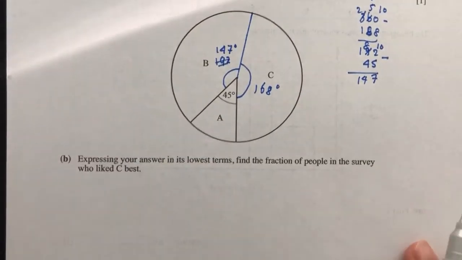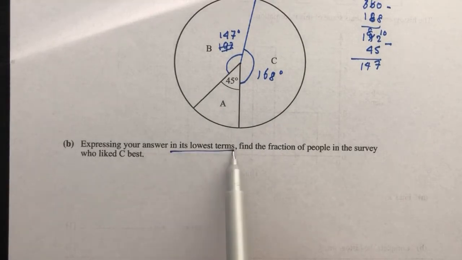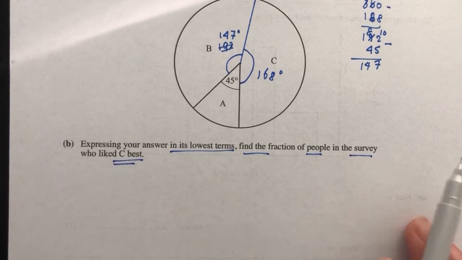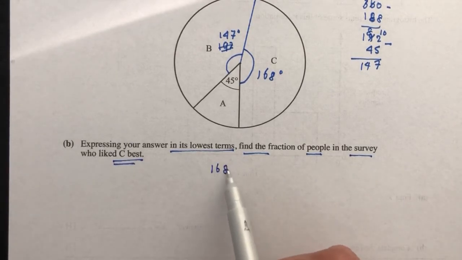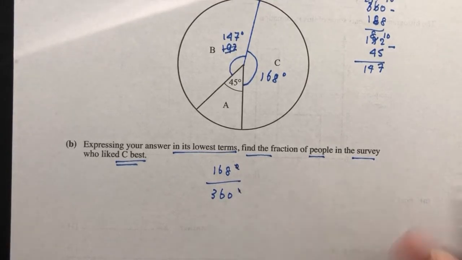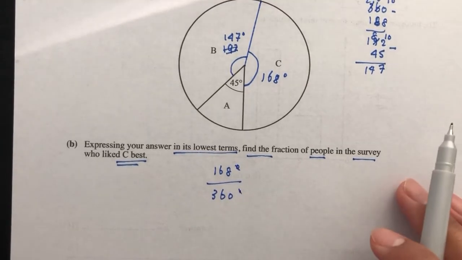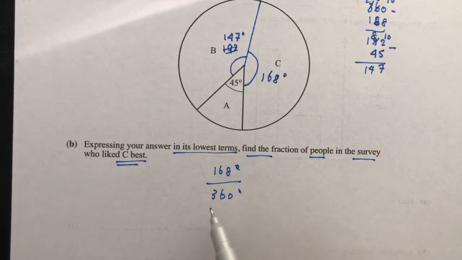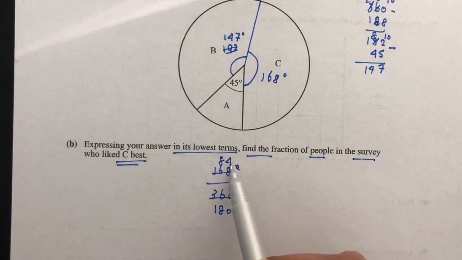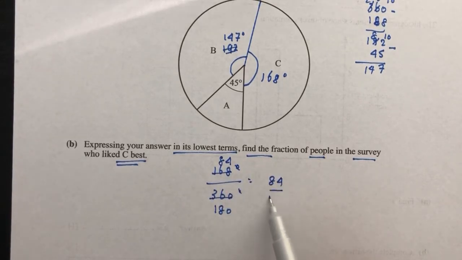Expressing your answer in its lowest terms, find the fraction of people in the survey who like C. So the fraction will be 168 degrees divided by 360. So let's divide. Let's try 2, they are both even. We have 84 divided by 180.